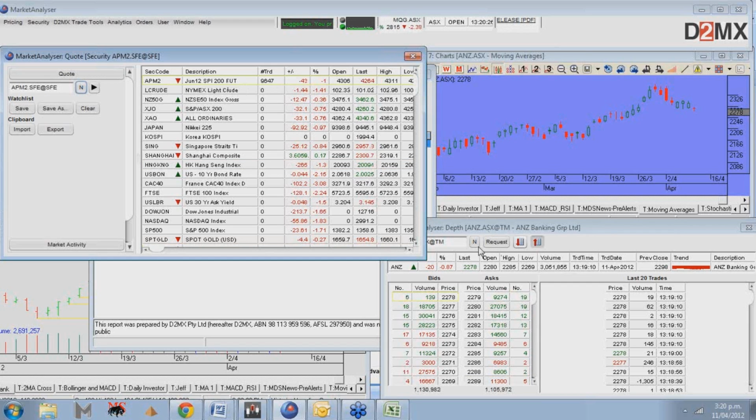The YAPCM one is now showing 42.65. The last traded price was 42.64 for the APM2. So we're certainly within the same ballpark. Like 1 point here could just be a rounding error.